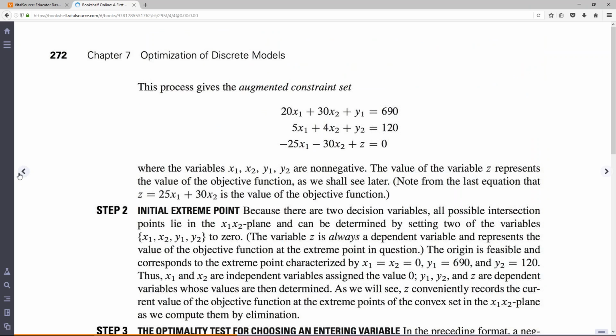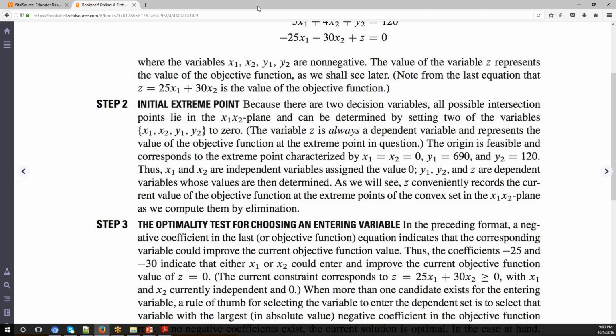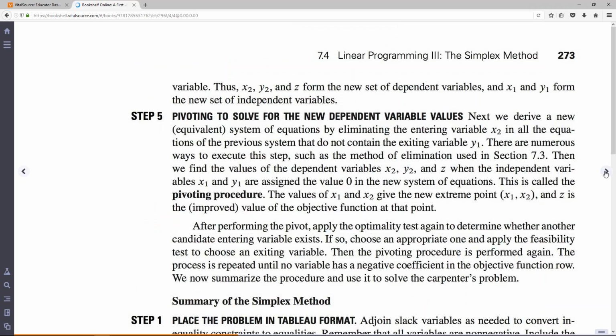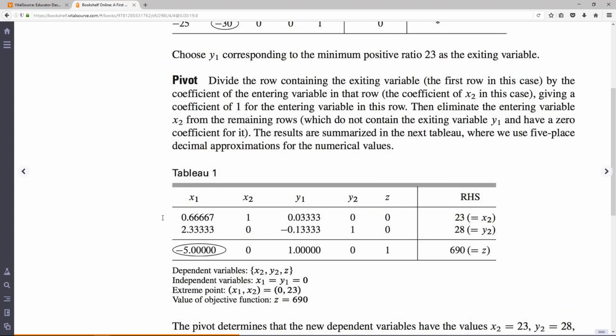Step 2 is saying that you find the initial extreme point, and then what you're trying to do is use this tableau to look at the optimality and all types of tests, and decide which is the entering variable and which is the exiting variable, and do a pivot so that you can get a new solution.